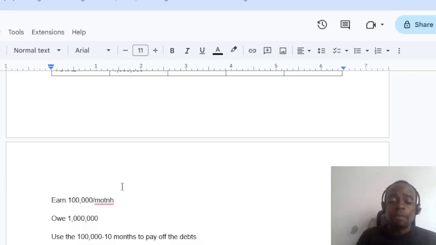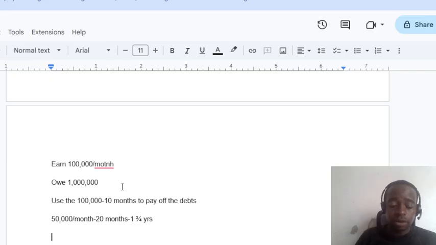But because the debts are accruing per month, it might take you longer. And that's why I'm saying there is good debt. If you get a debt that is accruing per year, you have more time.